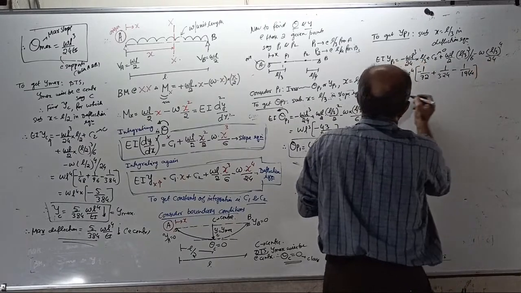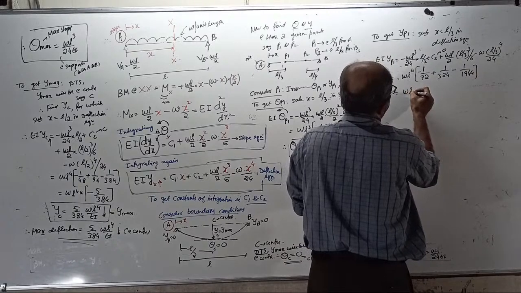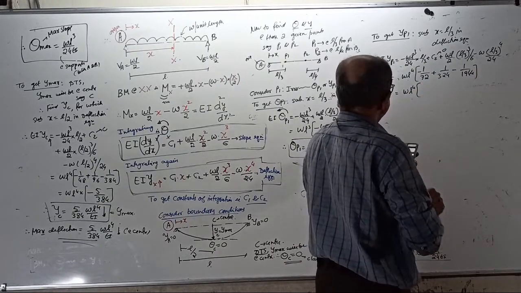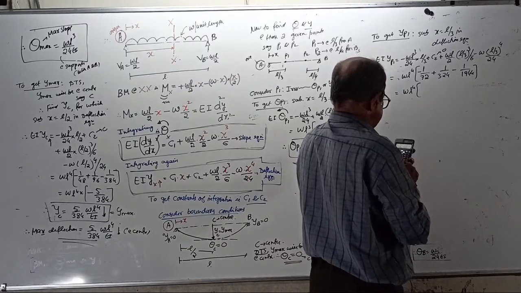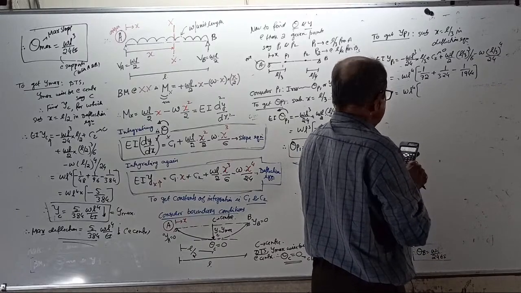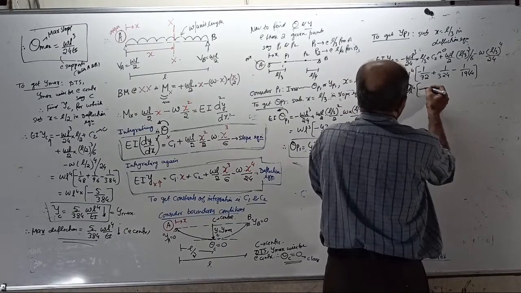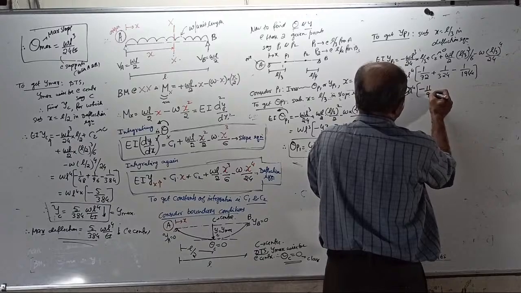So it equals WL power 4 into minus 1 by 72 plus 1 by 324 minus 1 by 1944, which comes to minus 11 by 972.